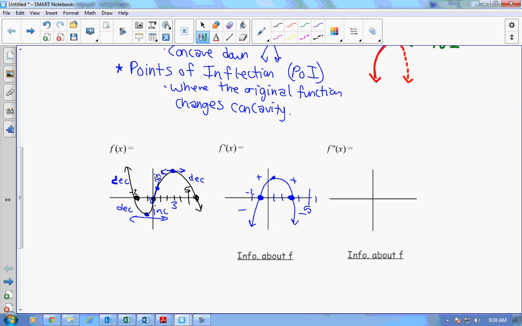I like to start with the tangent line equaling 0. For me, I like to find the x-intercepts first, because now we're going to do the second derivative. So is there any place where the tangent line has a slope of 0? Yeah, at 1, we have a nice slope of 0.